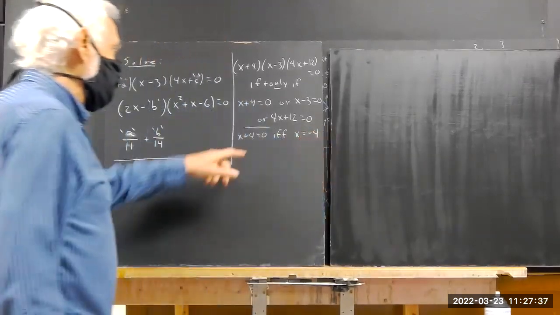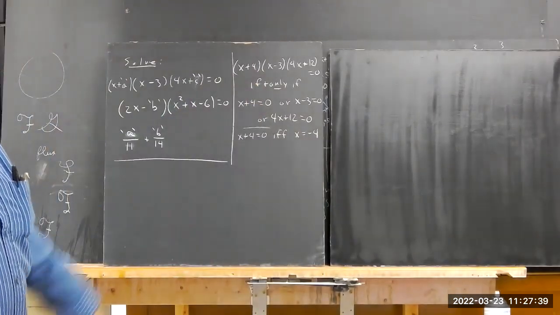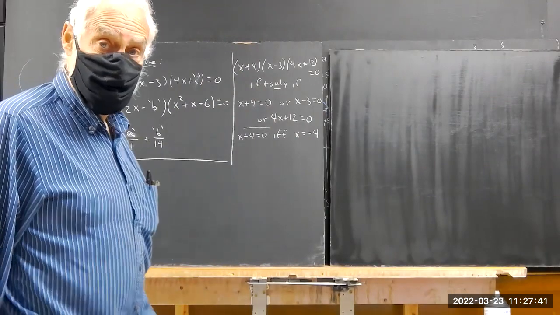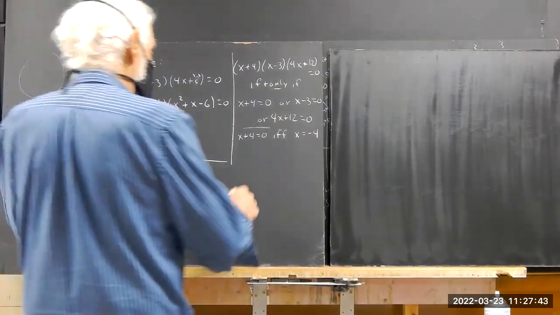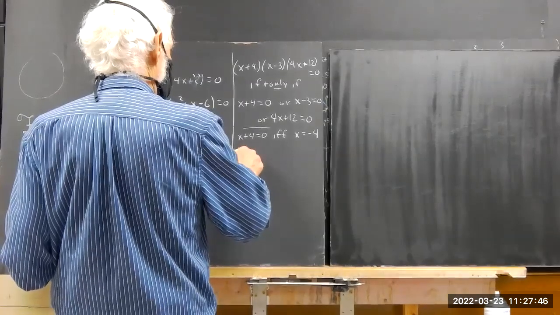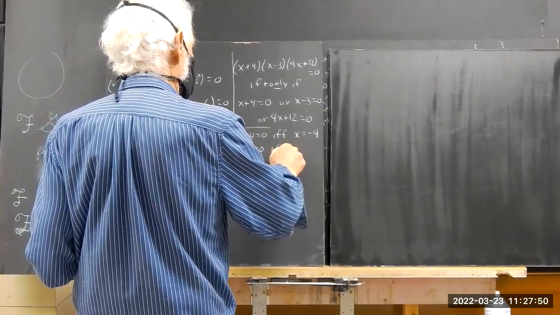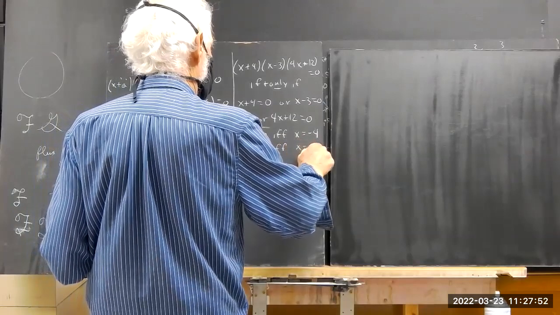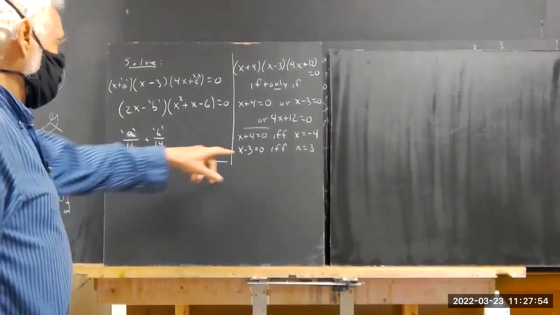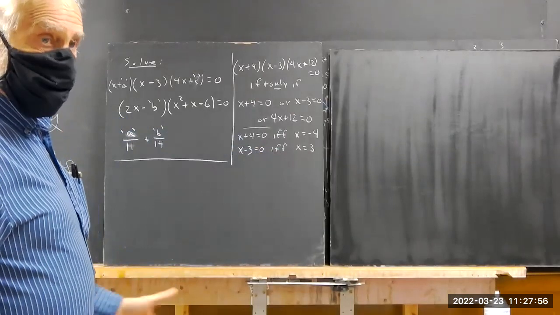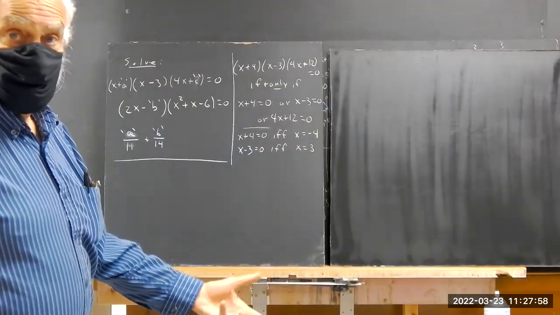You would add -4 to both sides of the equation, and you don't really need to do that. You can see that. And clearly this, if x equals 3 and only if x equals 3, right?